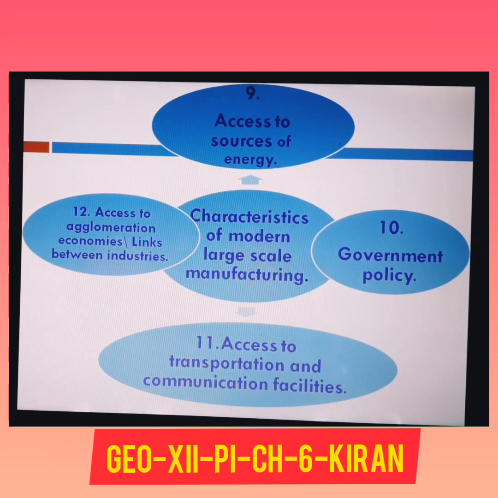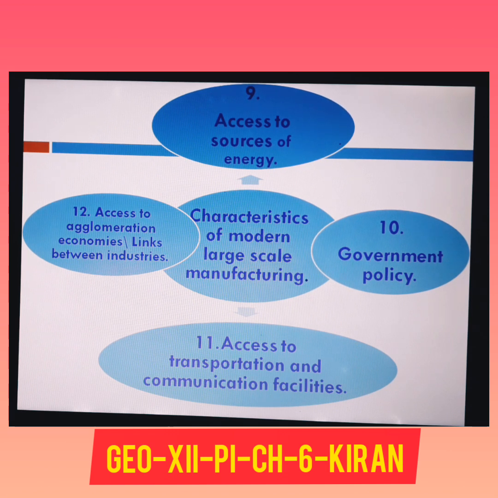Next is access to agglomeration economies, link between industries. Today's modern large scale industries have links with other industries. For example, an industry which manufactures plastic should have links with the industry which is making paint, because paint is also required in the manufacturing of different plastic items.